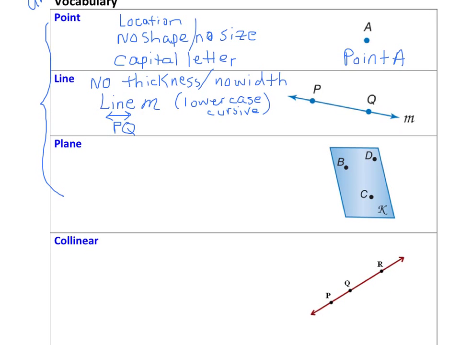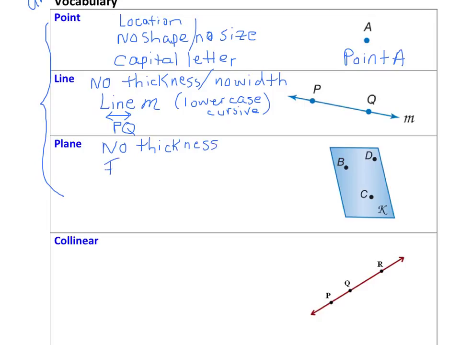The third term that's undefined in geometry is a plane. And a plane is considered undefined because, again, it has no dimension to it at all. So it has no thickness, and you're going to want to write that as well. A plane is a flat surface.